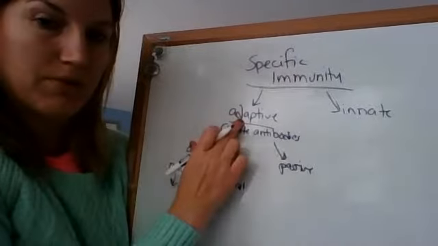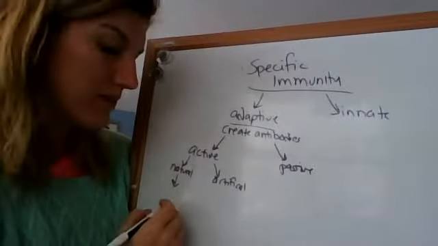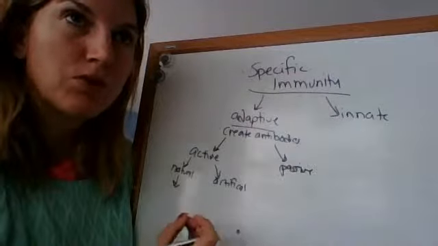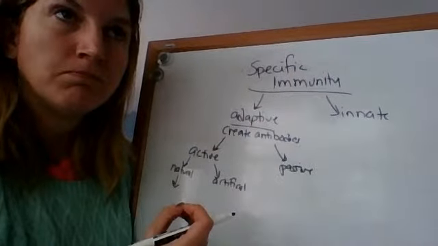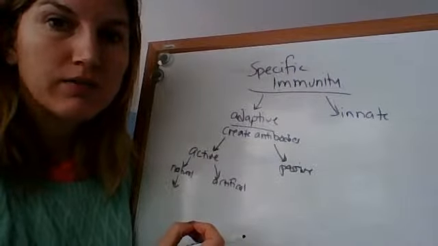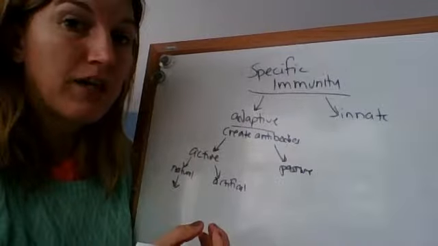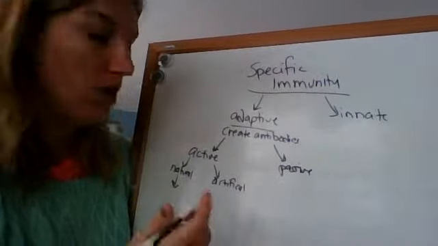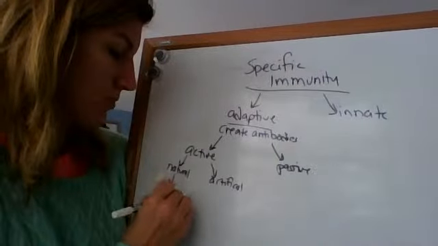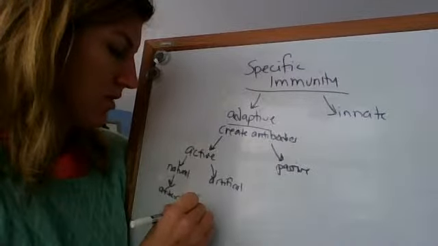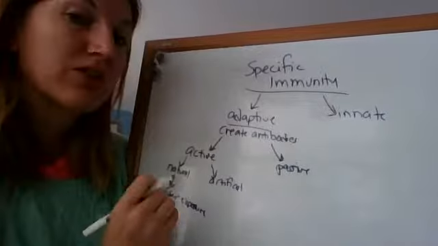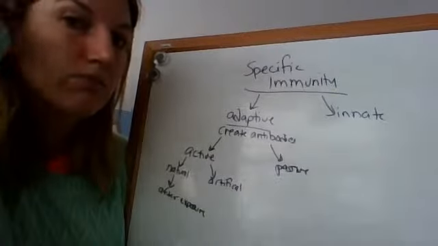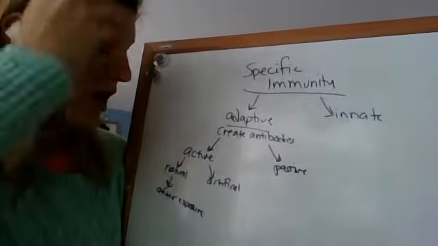Natural active adaptive immunity would be something like you're exposed to a particular cold virus, and therefore when you're exposed to it again, your body has those memory T cells and you won't be affected by it. So this is going to happen after an exposure. It's going to protect you after you've been exposed to that particular antigen.